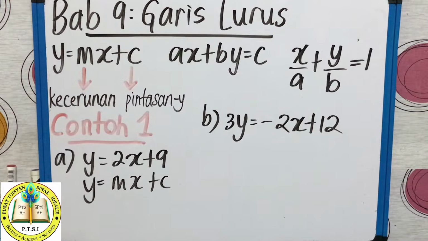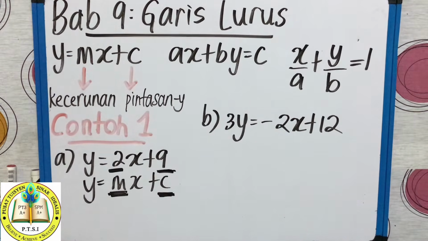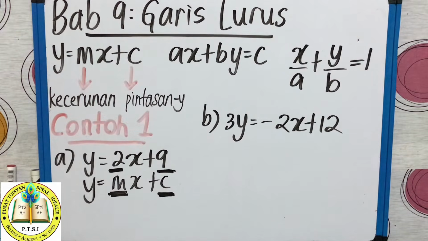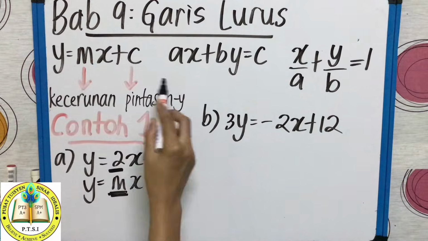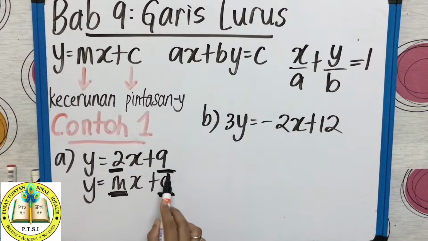Okay, sekarang kamu lihat dengan jelas. This M, can you see this M is equal to 2. M sama dengan 2. Dan C sama dengan 9. Nampak tak kelas? So the question they ask, kecerunan, and the question they ask pintasan Y. In exam, they won't ask C. In exam, they will ask pintasan Y. So remember, the C is pintasan Y. Kamu mesti faham.